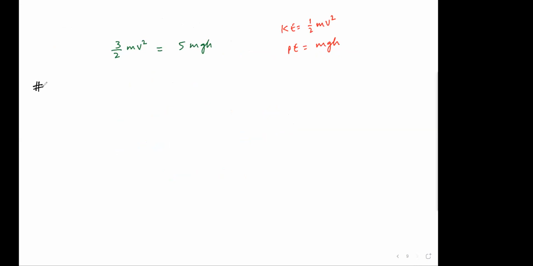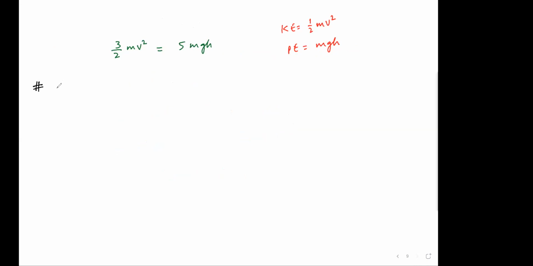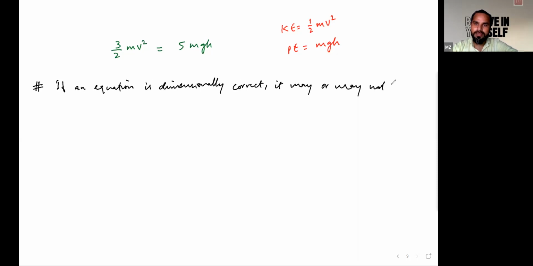But if an equation is dimensionally incorrect, it will always be wrong. Okay. So I've just defined for you: if an equation is dimensionally correct, it may or may not be correct.